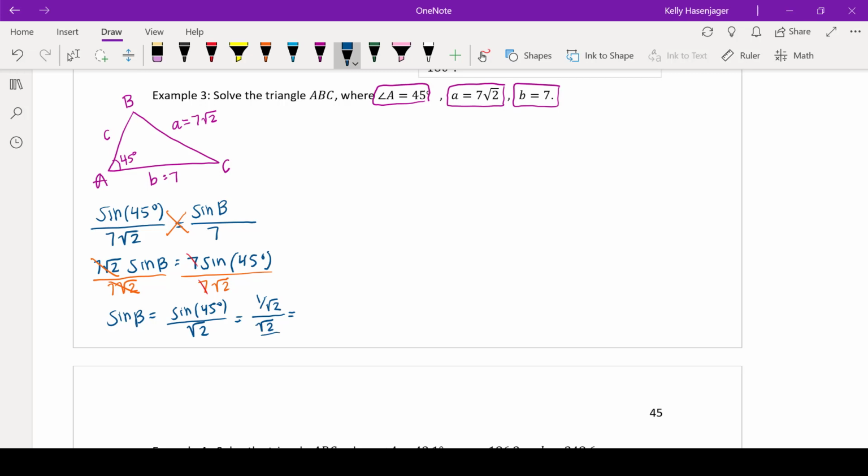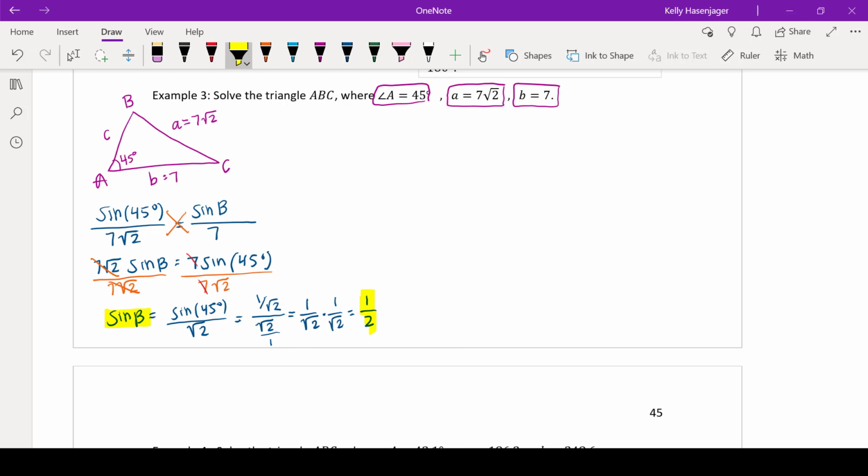So we'll have the top, 1 over root 2, times the reciprocal of the bottom. So now the 1's on top, root 2's on the bottom. 1 times 1 is 1. Root 2 times root 2 is just 2. So we get that sine of B is equal to 1/2.